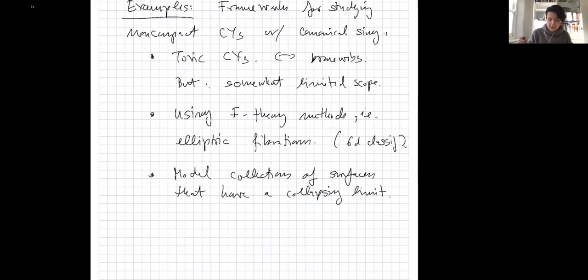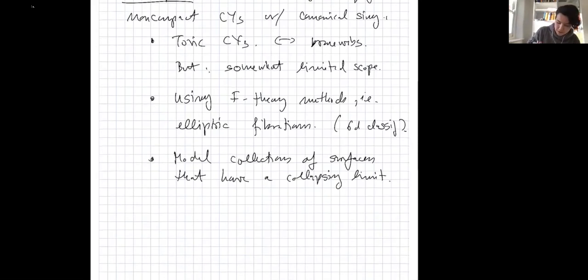Yeah, so you just take various surfaces. So in fact, the ones that are relevant here for Calabi-Yau threefolds are what's called either del Pezzo surfaces or Hirzebruch surfaces, and blow-ups of these.